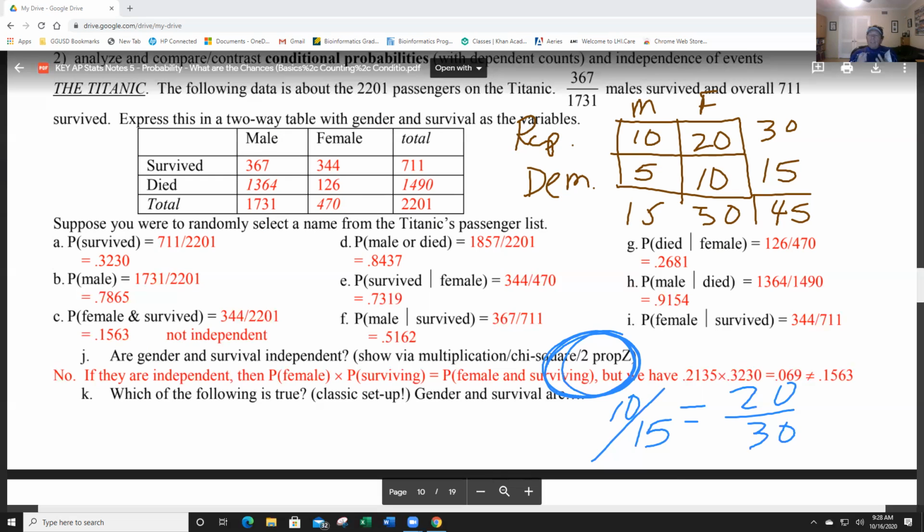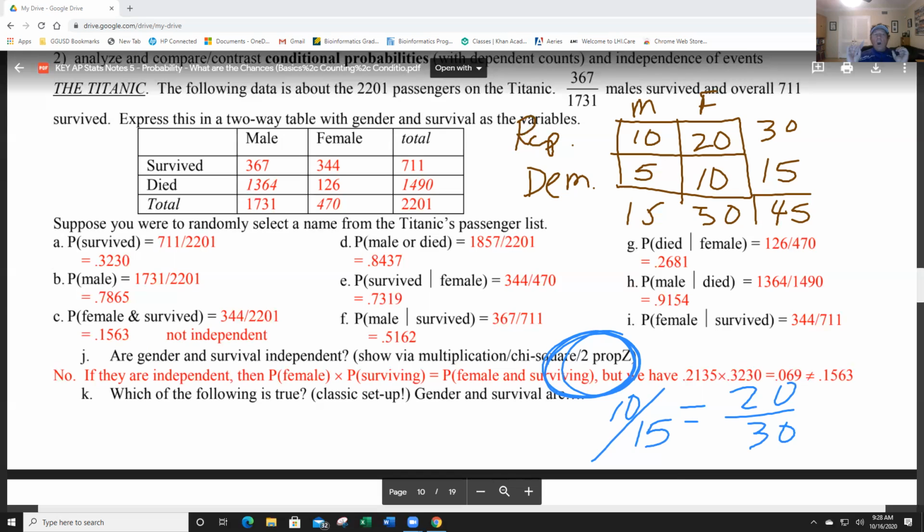So common sense would tell you that these two variables are completely independent, because the males and the females are signing up to be Republicans and Democrats at the exact same rate. So if the rates are the same, then the events are deemed independent.